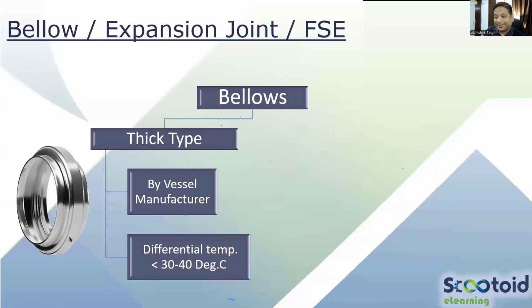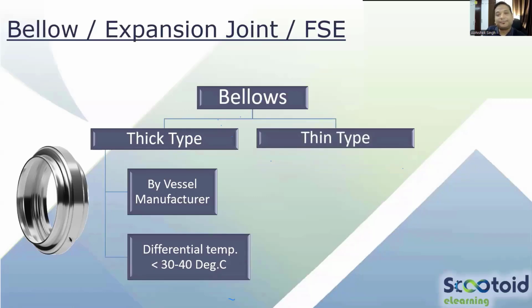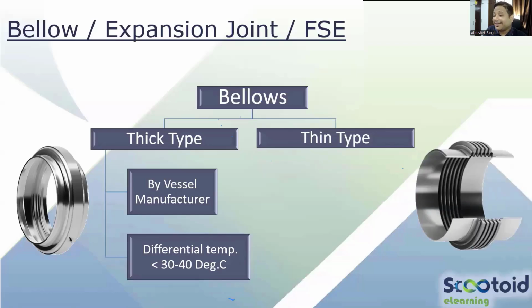Okay, we'll talk about temperature. First, let us talk about thin bellow. So thin bellows are designed by vendors. They are special vendors whom we call bellow manufacturers. Those are the people who supply the thin bellows, and mostly the design will be done per ASME. Okay, we'll talk about the design codes also. Don't worry.